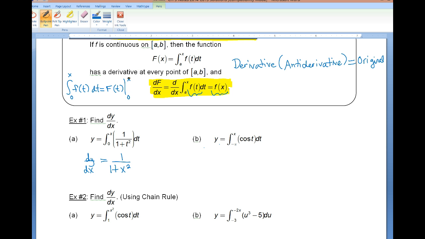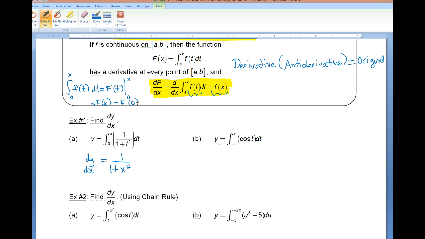That means we're going to plug in, so it'd be capital F of x minus capital F of 0. This is the antiderivative. This is what we did in the last class.